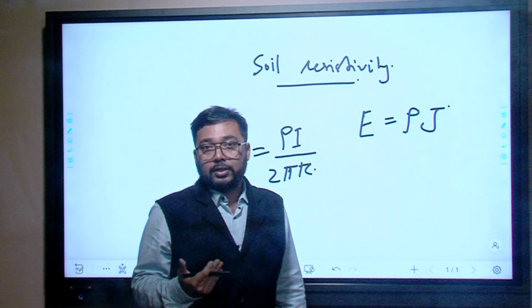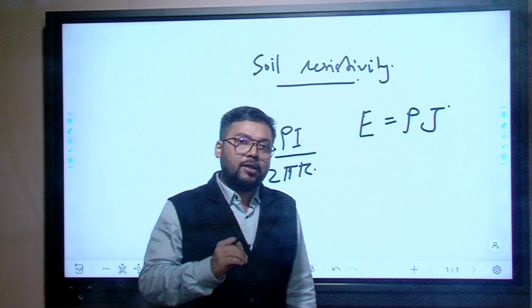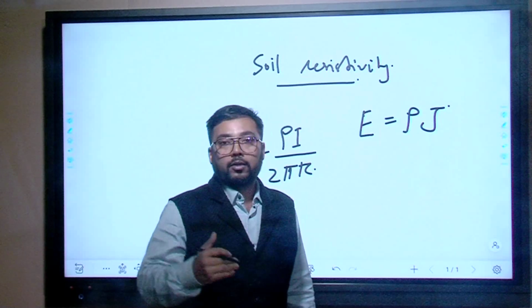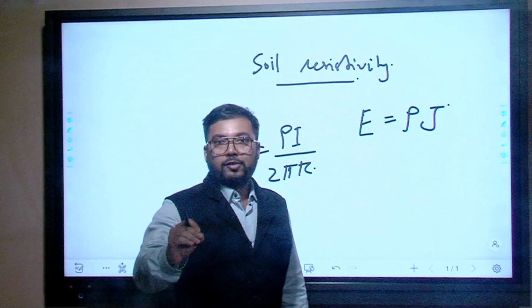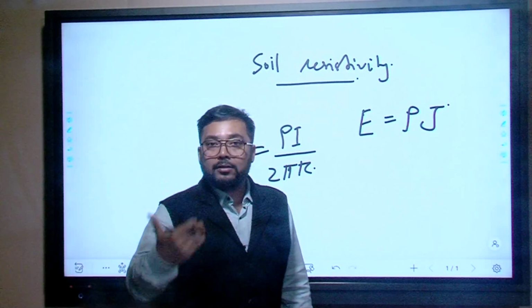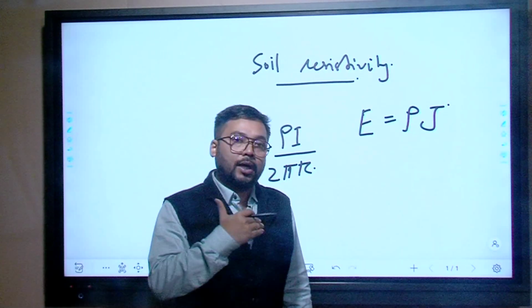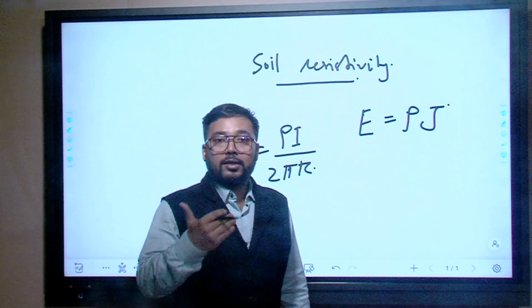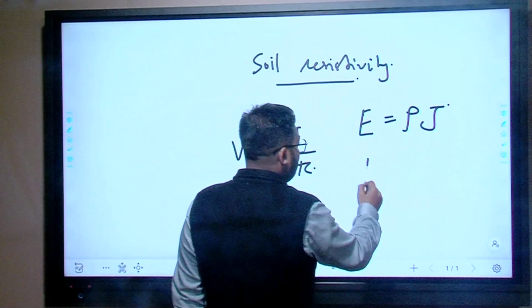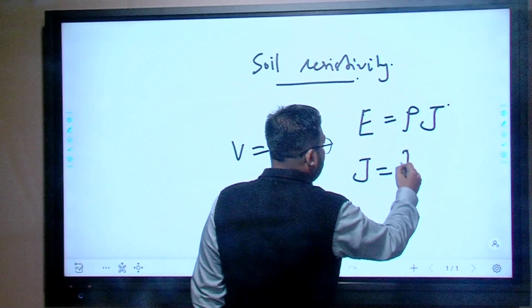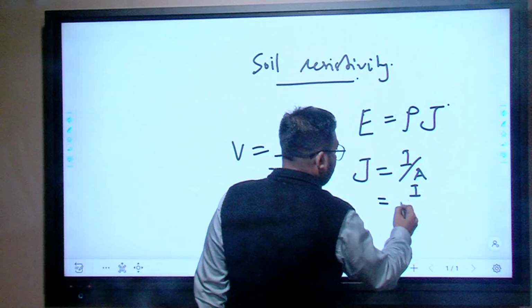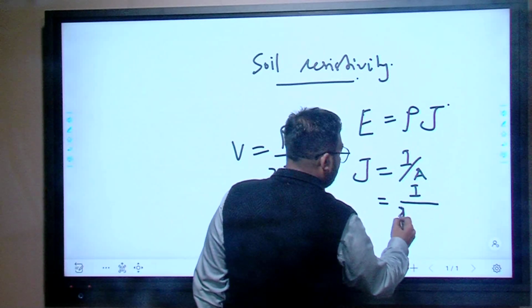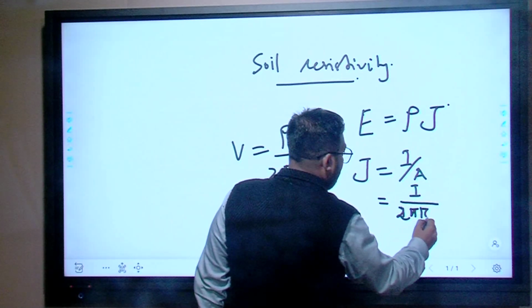So current density is defined as the current flowing per unit area. Here in this case, the current spreads hemispherically once it enters the earth through the electrode. So J is hence given by current per unit area, which in this case will be 2 pi r square.